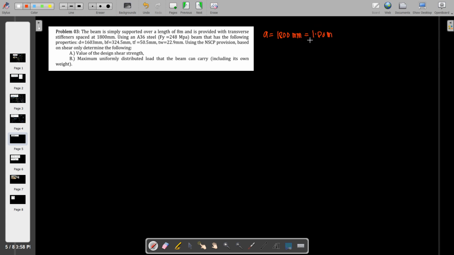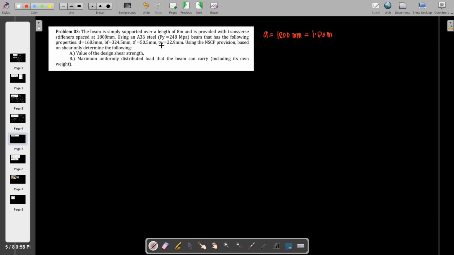what else? So what is the value of the design shear strength? The maximum uniformly distributed load that the beam can carry, including its own weight. So all of the properties are given here: the depth, the width of the flange, the thickness of the web.